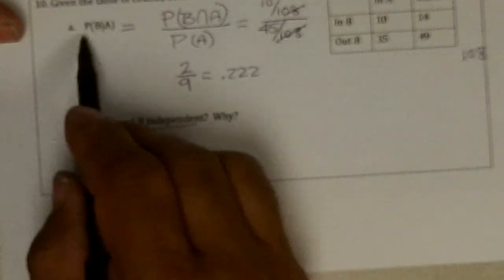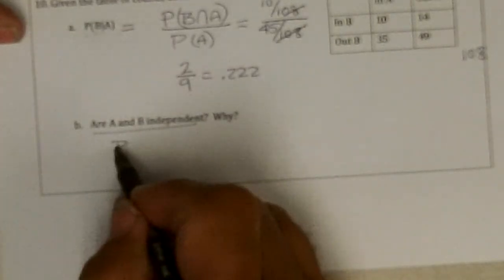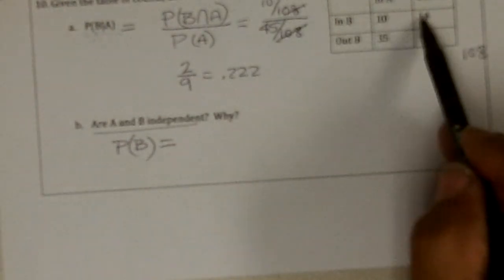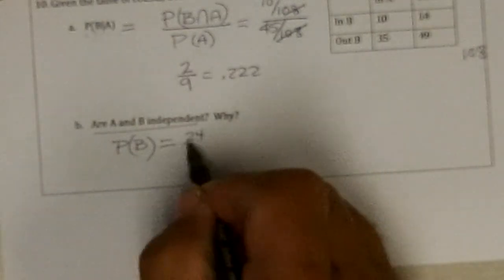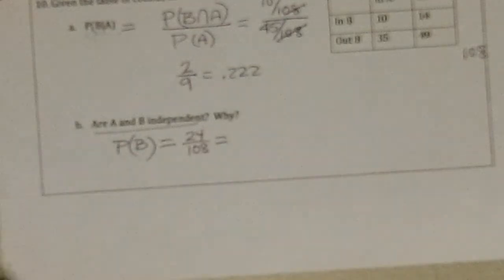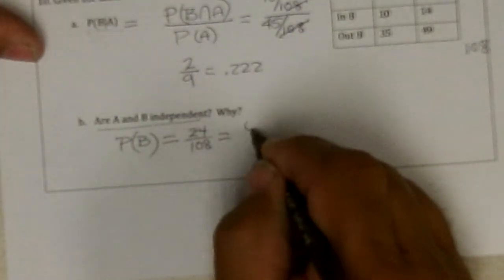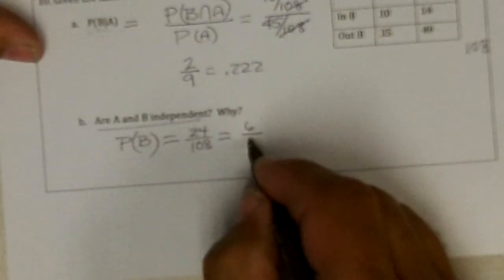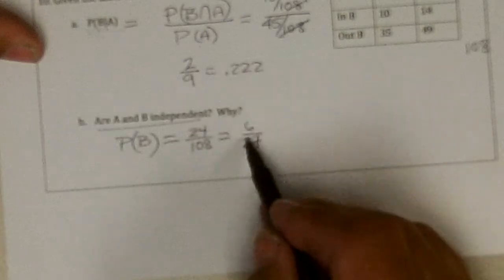Now, if I want to check for independence, I want to compare it to the probability of B, or I could do the probability of A given B and the probability of A, or other things, but let's find the probability of B. That'd be 24 out of 108, which is, let's see what goes into both of those. 4 goes into that, that would be 6, 4 goes into that, 27. 3 goes into both of those.